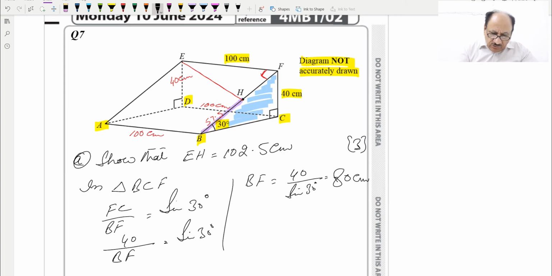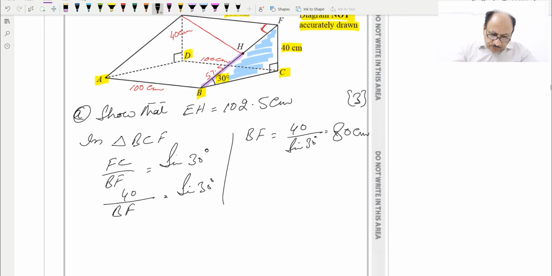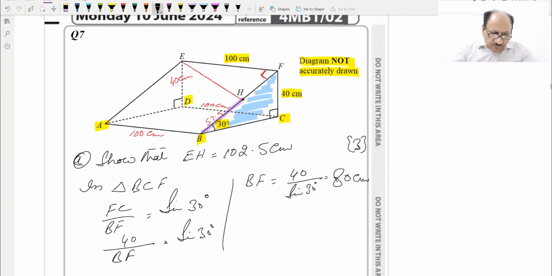Now BF is equal to 80, and EH is required, so we can find HF.